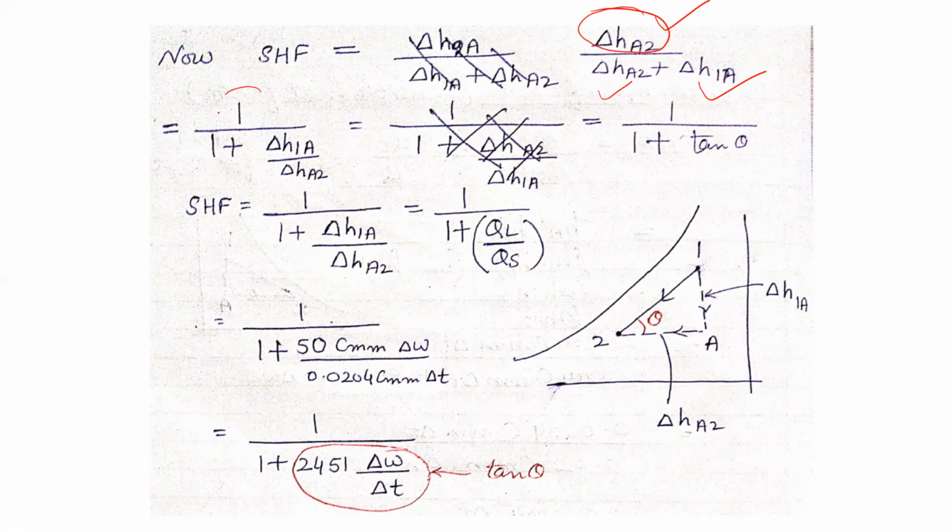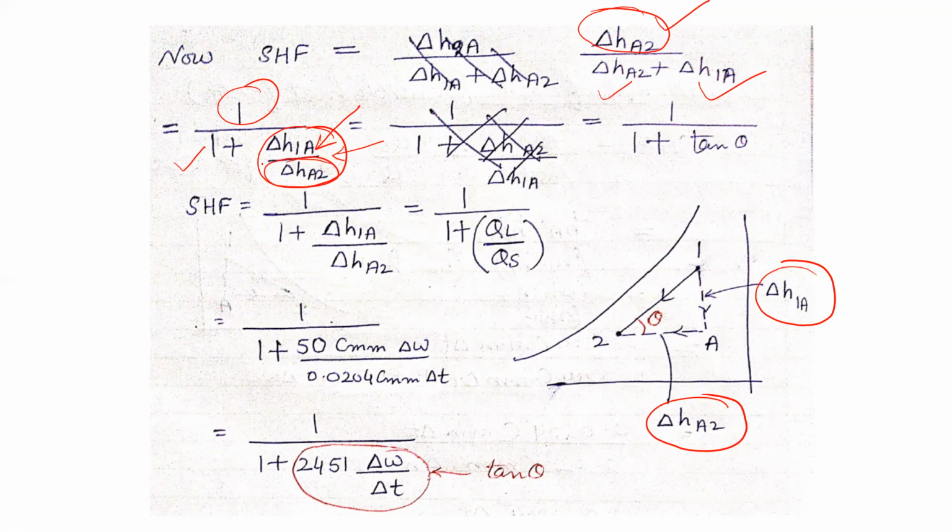So in the numerator we get 1, in the denominator here we get 1, and here we get delta H1A divided by delta HA2. This is delta H1A, which is in the numerator, divided by delta HA to 2, which is in the denominator.